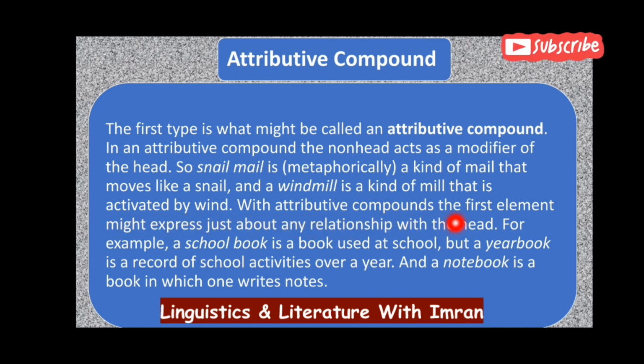With an attributive compound, the first element might express just about any relationship with the head. For example, a schoolbook. Here we have the head of the compound and here a modifier, and the modifier has a relationship with the head.